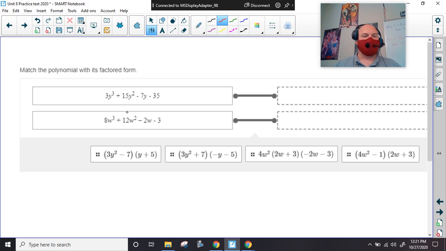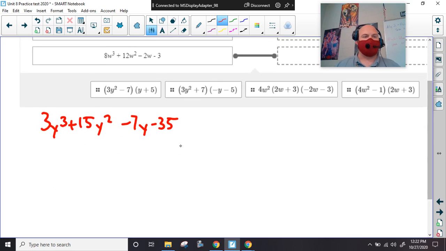All right, so we have 3y to the third plus 15y squared minus 7y minus 35. All right, this is factored by grouping because there's 4 terms. So first thing I'm going to do is group them like this.